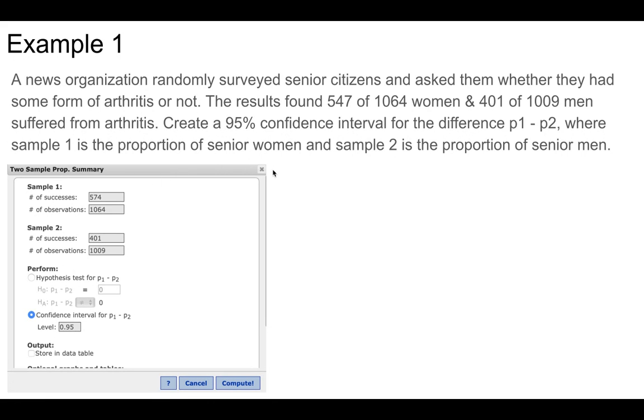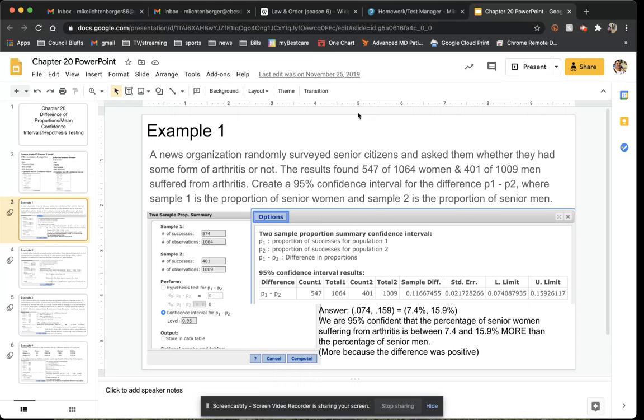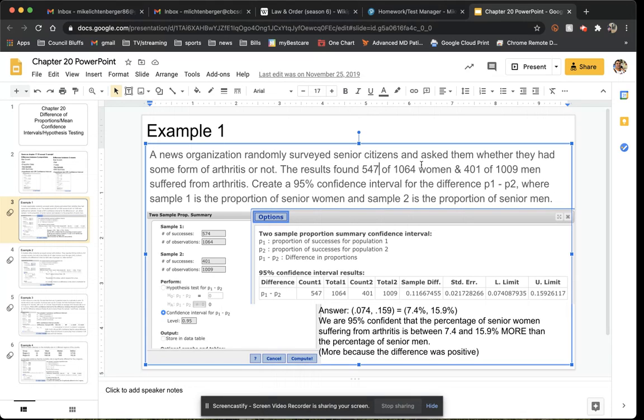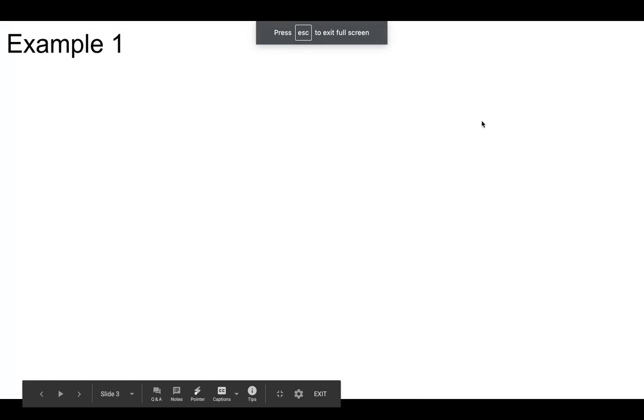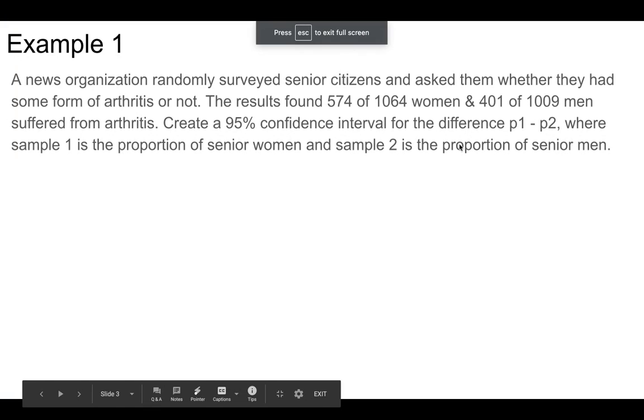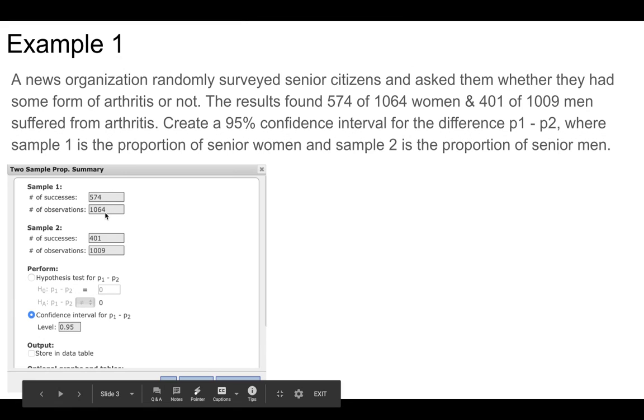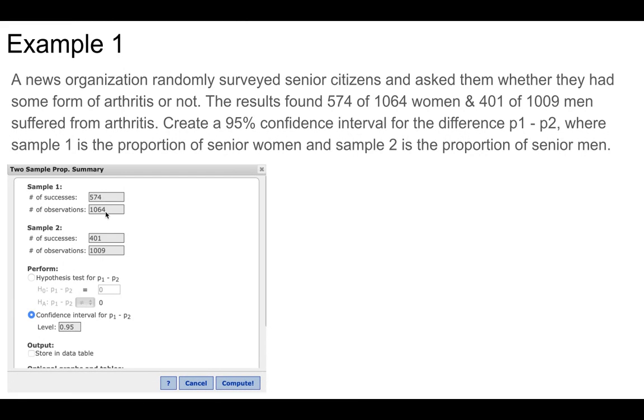There's a typo. That should say 574 of 1,064. So I'm going to change that right here, right now, so you don't get confused. So 574 of 1,064 women, and then 401 out of 1,009 men.